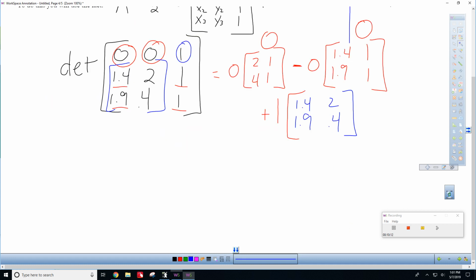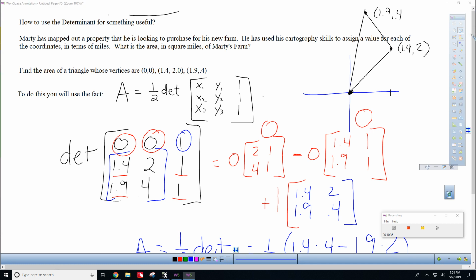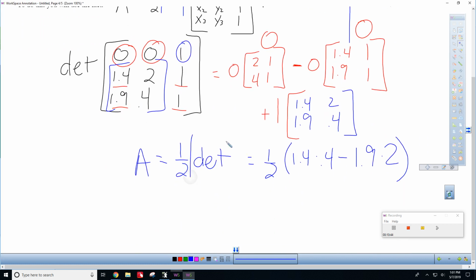So the answer, remember, we're looking for the area, and it's 1/2 of the determinant. So it's 1/2 of 1.4 times 0.4 minus 1.9 times 2. Now, as I'm doing this, I'm realizing I missed a really important part of this. It's 1/2 times the absolute value of the determinant. Because I can already see, I might be getting a negative answer. So the absolute value is just going to turn whatever this is and give it to me as a positive.